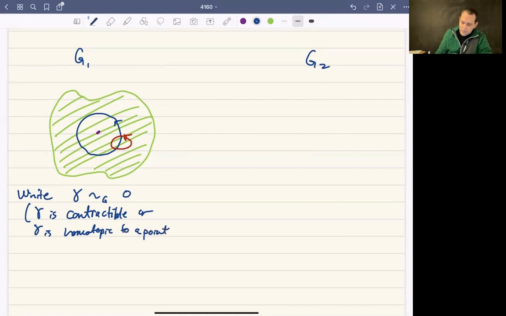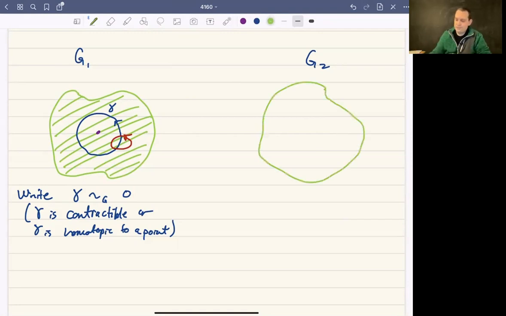And these are all going to be equivalent ways of saying the same thing, and that's that you take this curve and you can continuously deform it until you get a really, really tiny curve that has no length, right? So it's just going to be a single point. And so those curves gamma are going to be called contractible or homotopic to a point, and we write gamma is equivalent to 0.